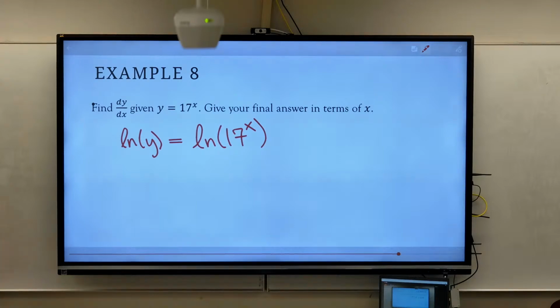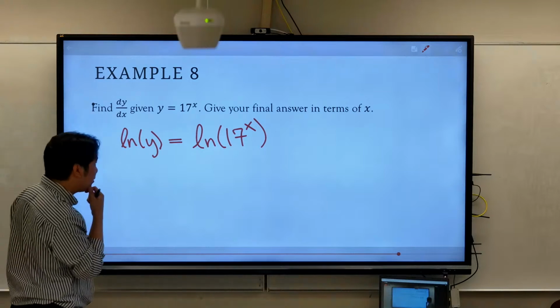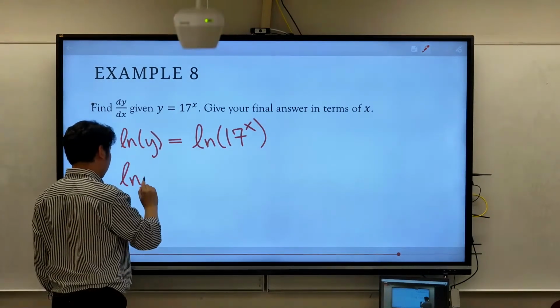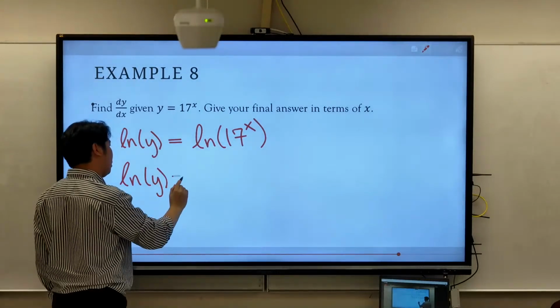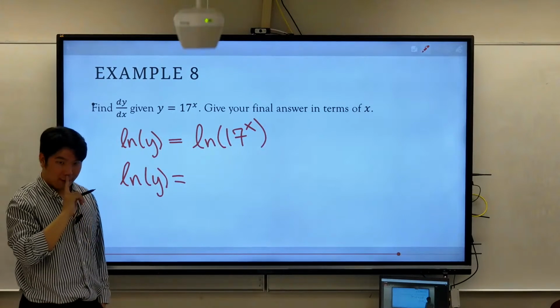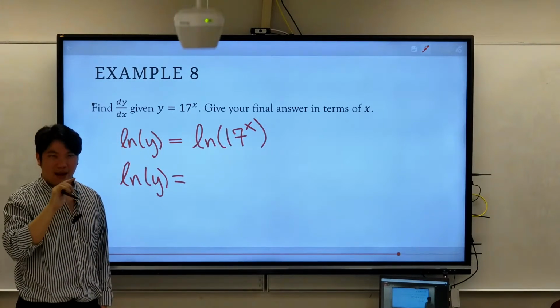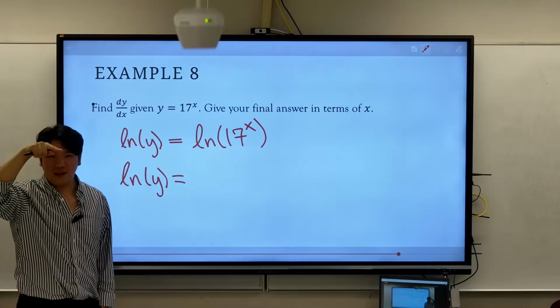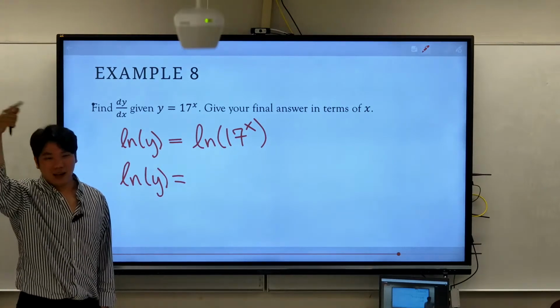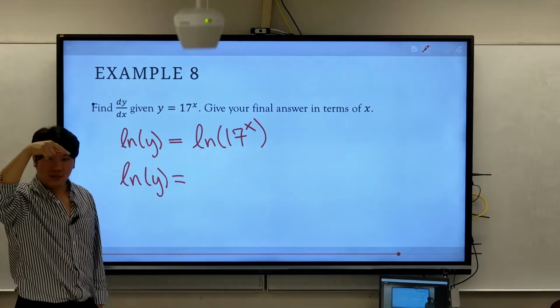And why does that even help us, particularly on the right? Think about those log properties. In particular, the one I'm thinking about is the power coefficient law, where if I have a power on the inside, I can pop it out to the front.